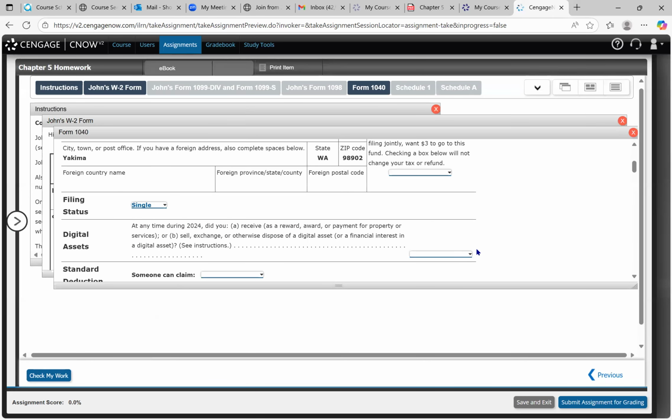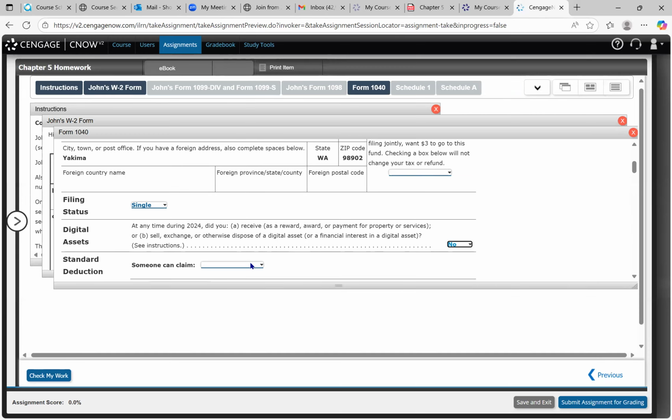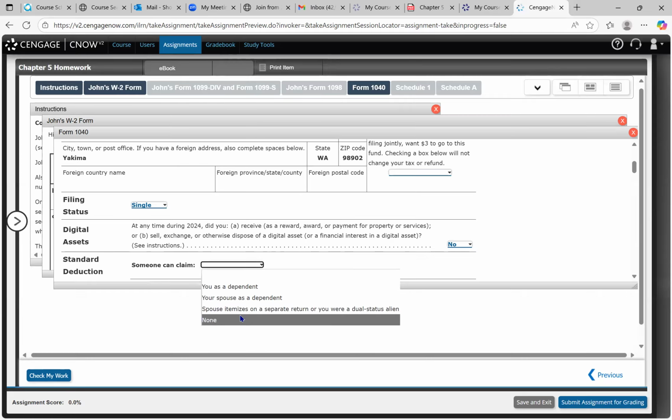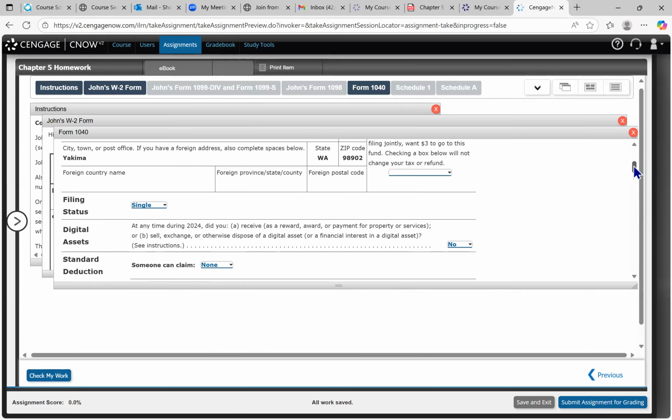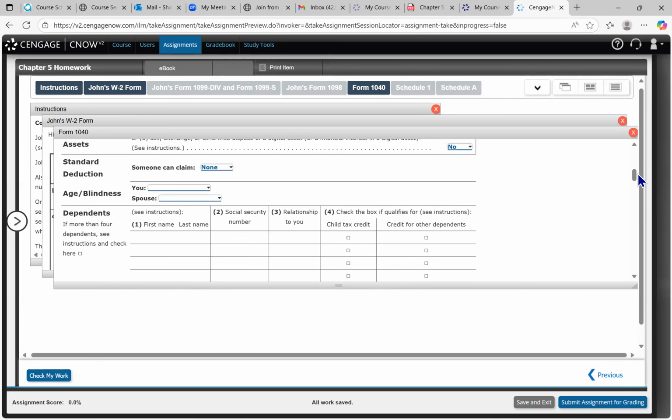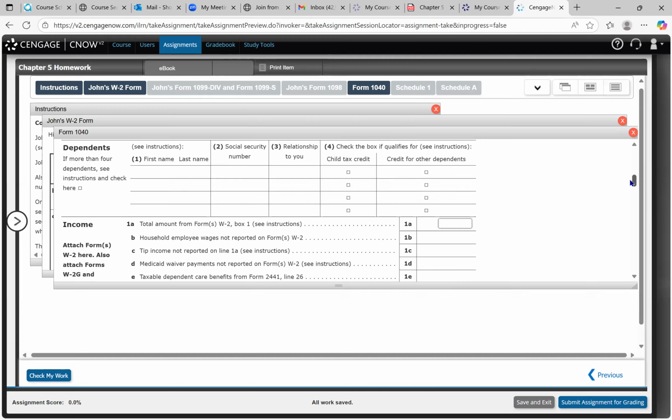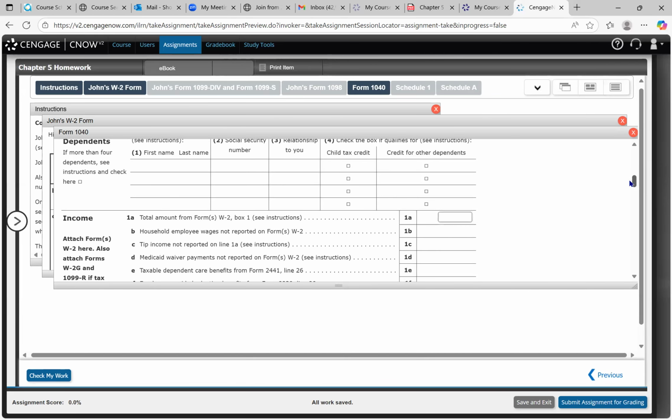He did not show any digital assets. Can anyone claim him as a dependent? No, they cannot. And he is not blind, or over a certain age because he was born in the 80s, for a larger dependency credit. So we have to put that information in.